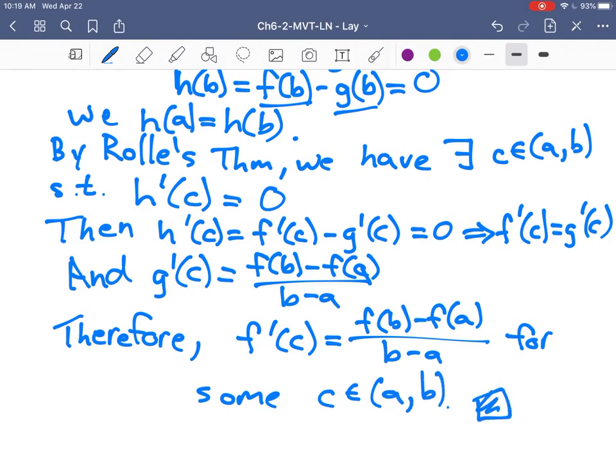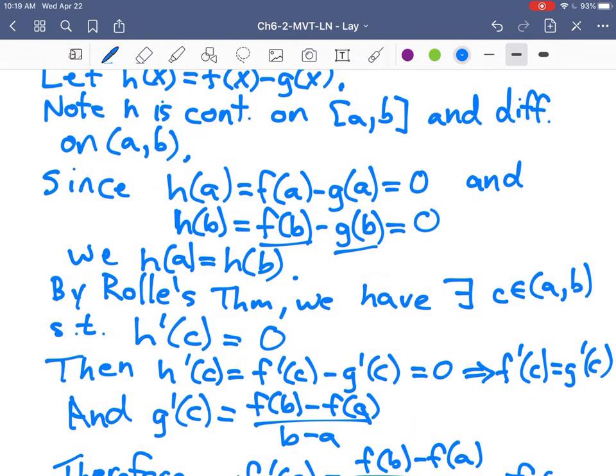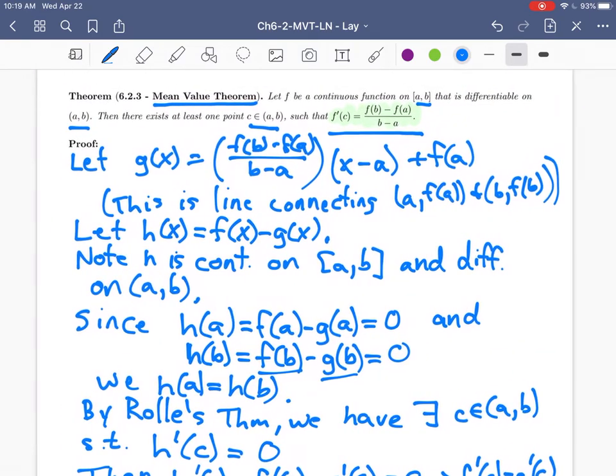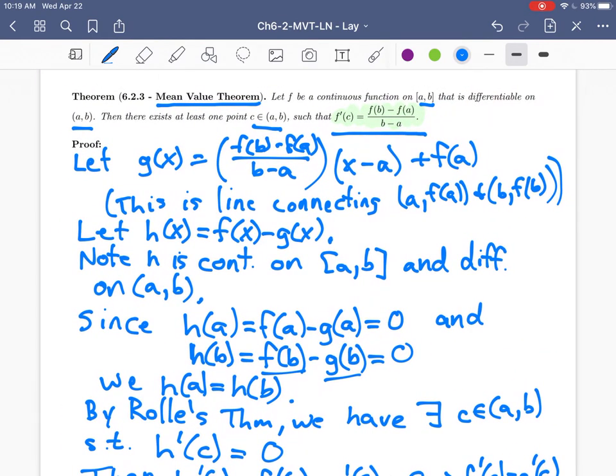And that is it. We have proven the mean value theorem. So that says there's a point in the interior that has a derivative that is equal to the slope of the line between the two endpoints.